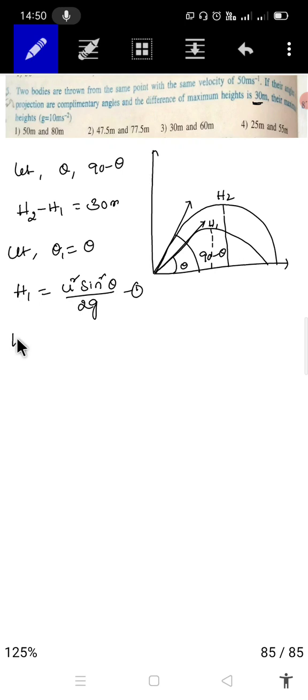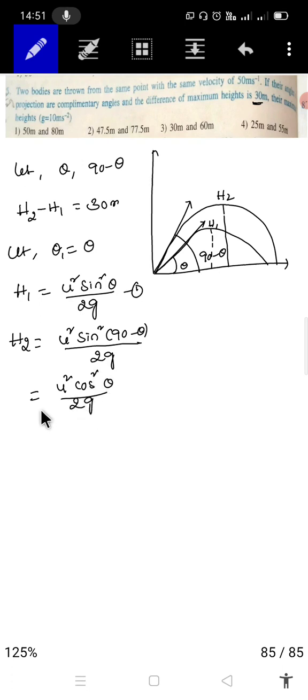Now h2 is equal to u square sin square (90 minus theta) by 2g. Sin of 90 minus theta becomes cos theta, so that is u square cos square theta by 2g. This is equation 2.